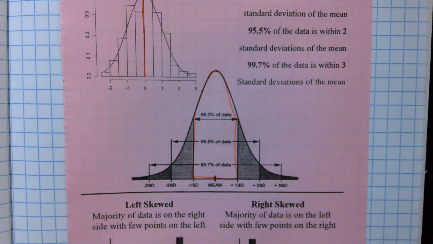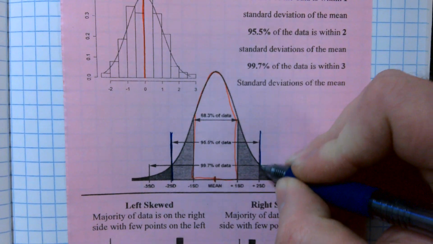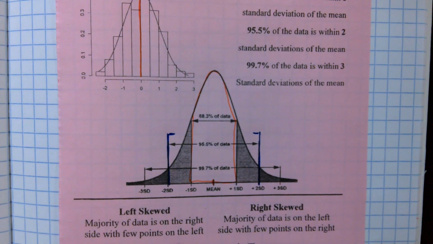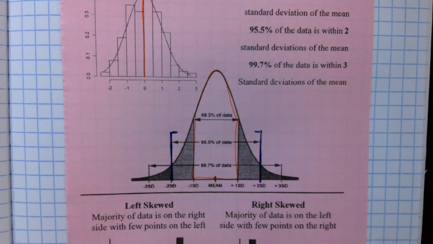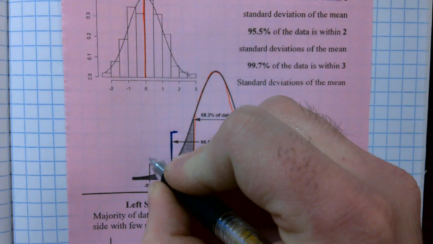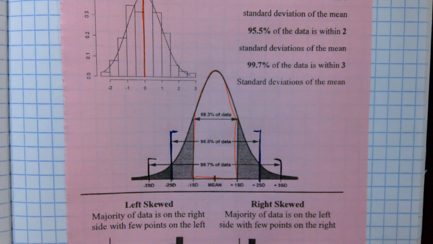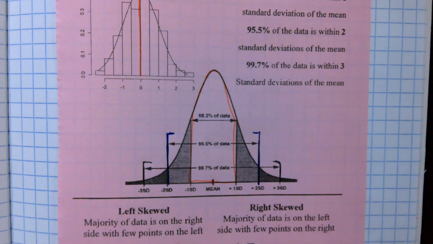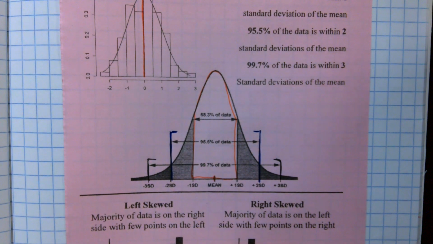And then 95.5% of the data is within 2 standard deviations from the mean in either direction. And then this third little break here tells me 99.7% of my data falls within 3 standard deviations on either side. Again, what this means is not super important. I just want to make sure you've heard this before so that it sounds familiar in the future, okay?